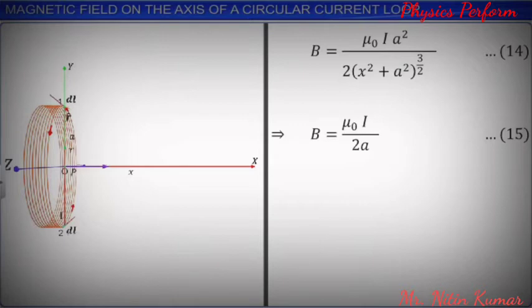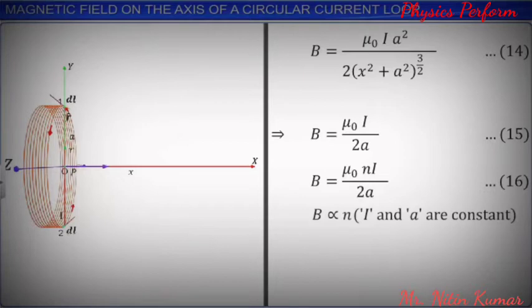That is, B is equal to mu naught N I by 2A. Let this be equation 16. From the expression, it is clear that the magnetic induction B at the center of a circular coil is directly proportional to the number of turns N when the current I and the radius of the coil A are constant.